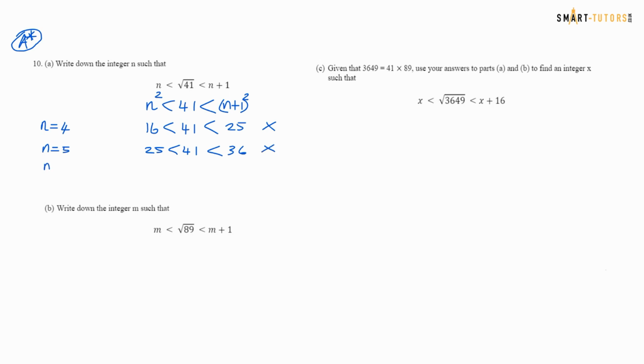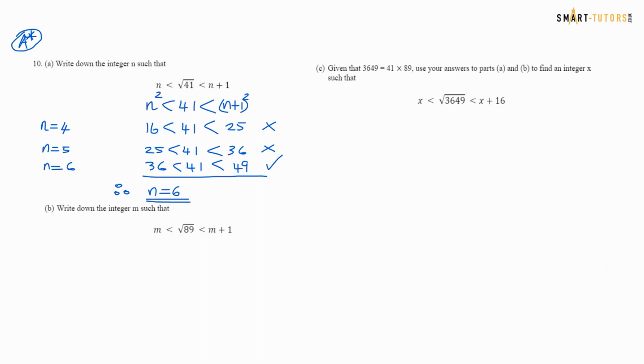So n equals 6 means here 36, 41, 6 plus 1 is 7, 7 squared is 49. This is correct. 36 is less than 41 and 49 is more than 41. So therefore n equal 6.